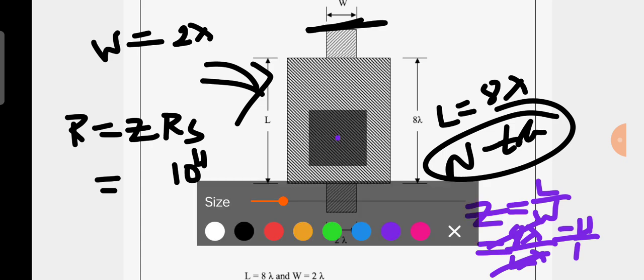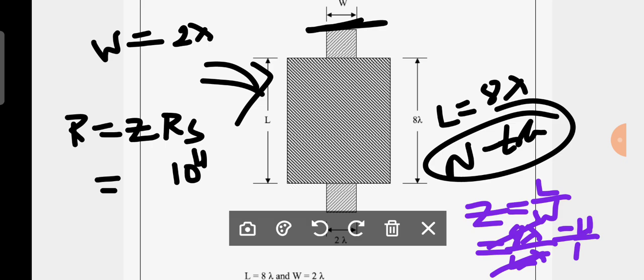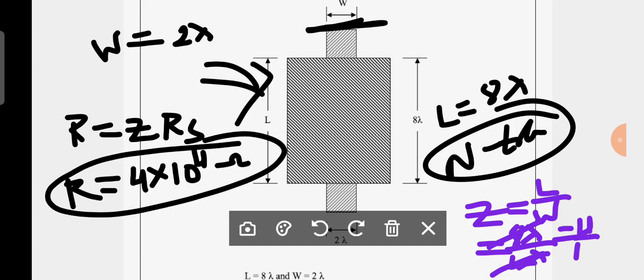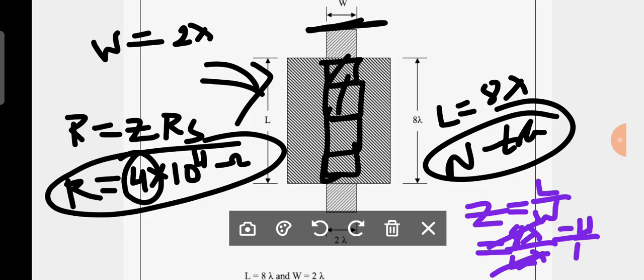Now you can observe here very carefully. 4 into 10 to the power of 4 is the value of resistance for the given transistor. What is the meaning of that? You can observe that 4 such channels are present here. These are connected in series. That is the main thing you have to talk about here.